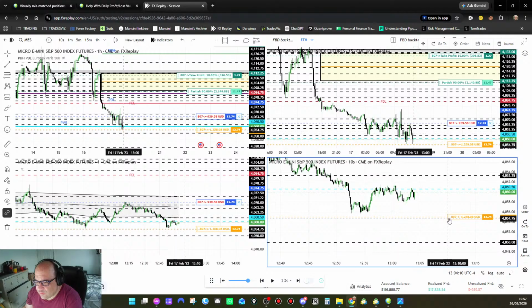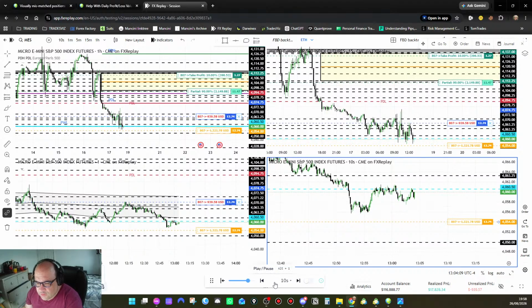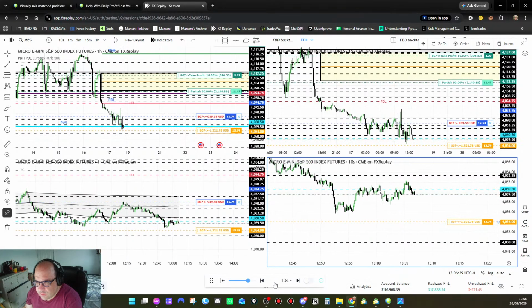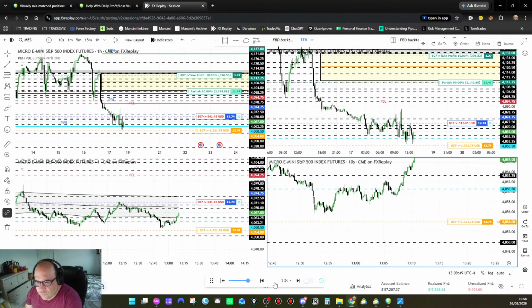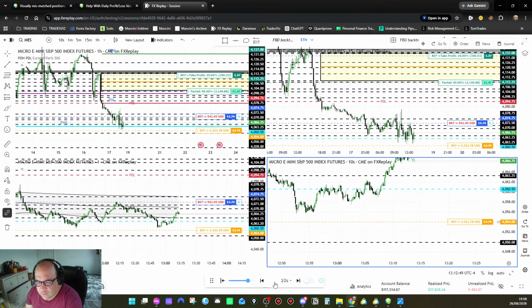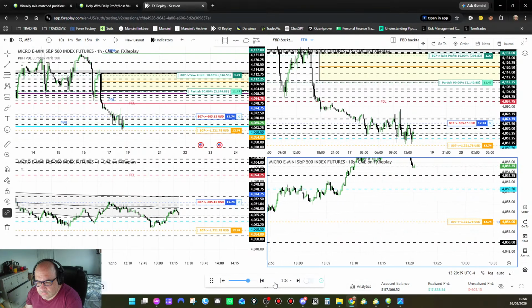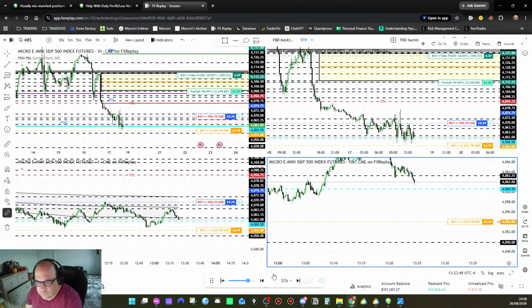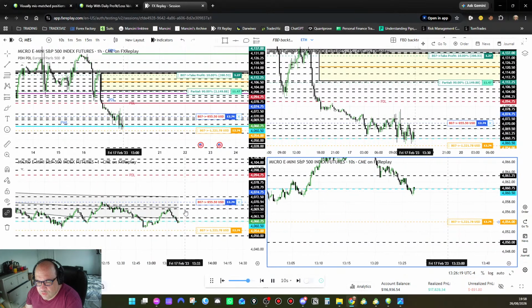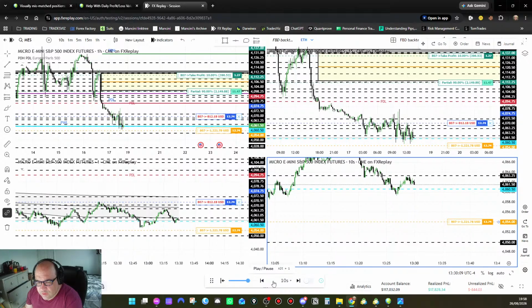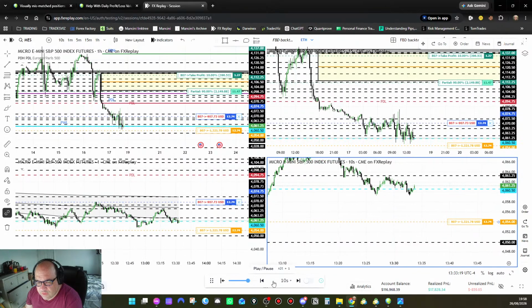I'm gonna push it 1 point lower just in case. Okay, let's push it 1 point lower. Doesn't hurt that much because we came really close twice. So you can see here how we can break above the VWAP, and we may be taken out in the end.